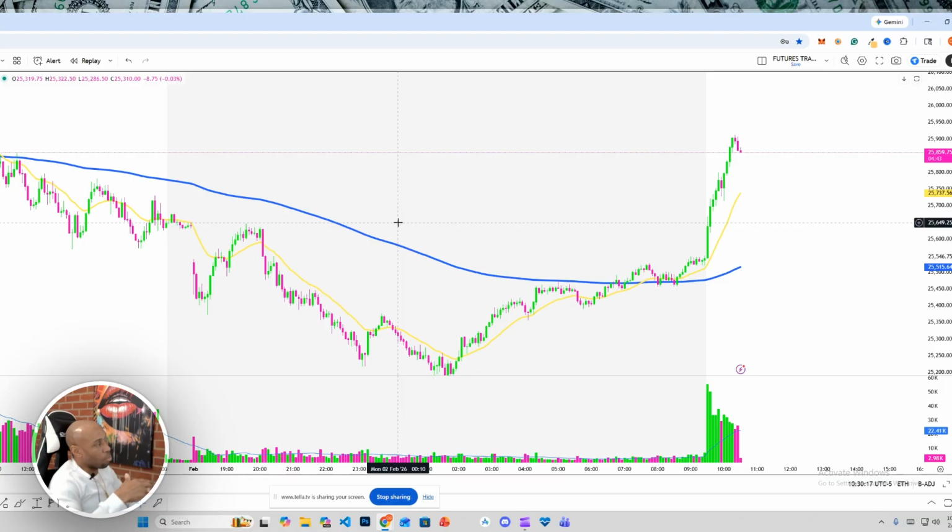Because a lot of times, if price is not finding support or resistance from the previous day, then it could be another week before where it found support or resistance. So I tend to look for that if I don't see any the day before, right? Especially if price is heading that way.